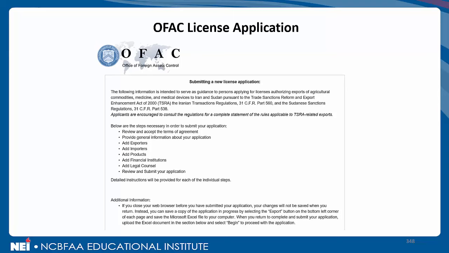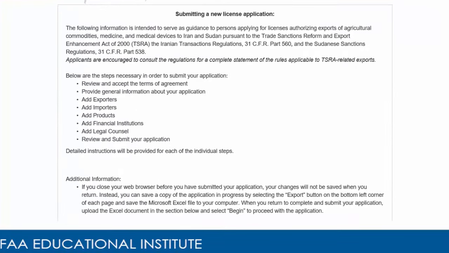If we find that we need an OFAC license, a specific OFAC license, this is the landing page on the OFAC website for an online application. We won't read through the whole thing, but just another resource. The following information is intended to serve as guidance to persons applying for licenses authorizing exports of agricultural commodities, medicine, and medical devices to Iran and Sudan pursuant to the Trade Sanctions Reform and Export Enhancement Act.